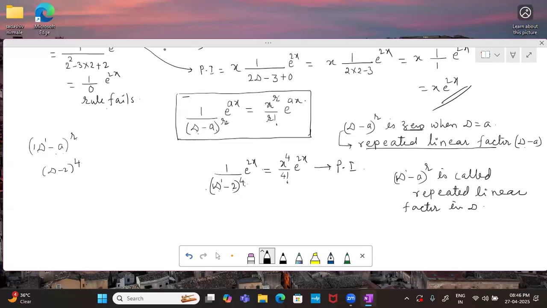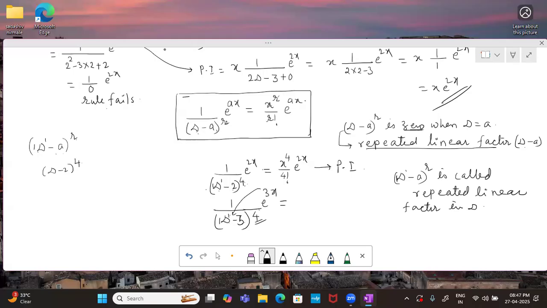See another example, 1 upon D minus 3 raised to 4 on e raised to 3x. Then what is the answer directly? Is it a failure case? When D is equal to 3, 3 minus 3 will be 0. The rule fails. And it is a linear and repeated factor. Linear in the sense power of D is 1, multiple of D also 1.